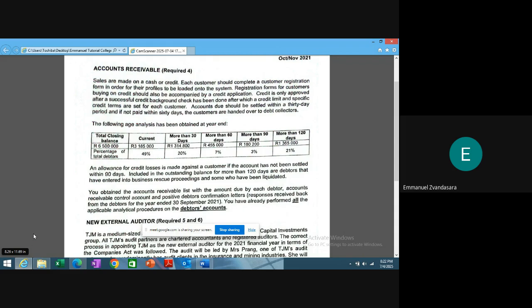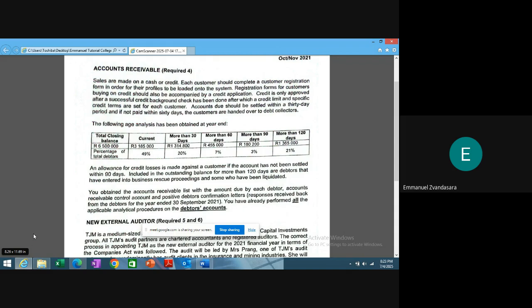We need to understand how misstatements can arise. Misstatements can arise due to fraud or error. So how can fraud be performed with regards to accounts receivable? We can understate the accounts receivable. Why? Because in accounts receivable, if we create fictitious debtors, that is going to be a problem once those debtors do not pay, right?